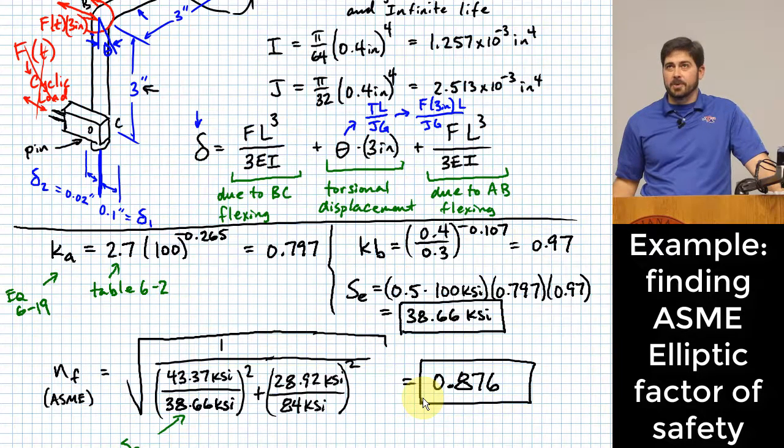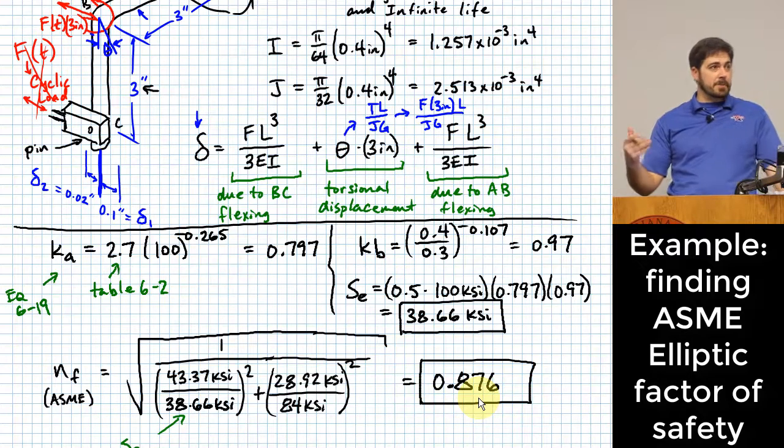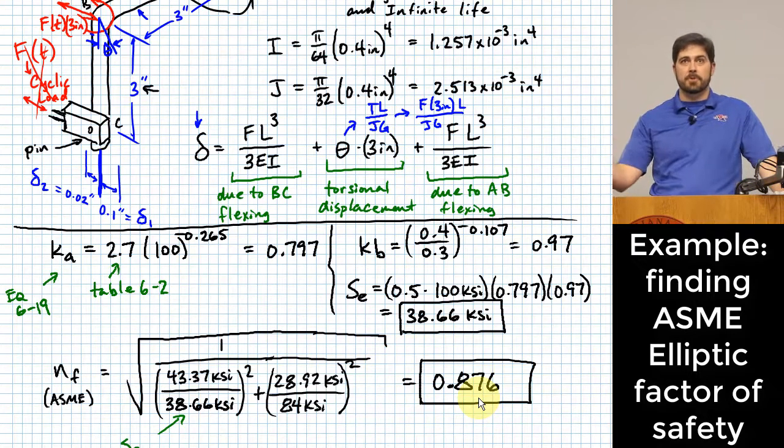It will not, right? We do not predict that this is going to have infinite life. What would we do to go back then and figure out how long its life really is? Like if I say, okay, this is less than 1, I wouldn't predict it has infinite life. That means I should be able to predict how many cycles it can last before it breaks, at least a rough guess. Okay, what do I do?